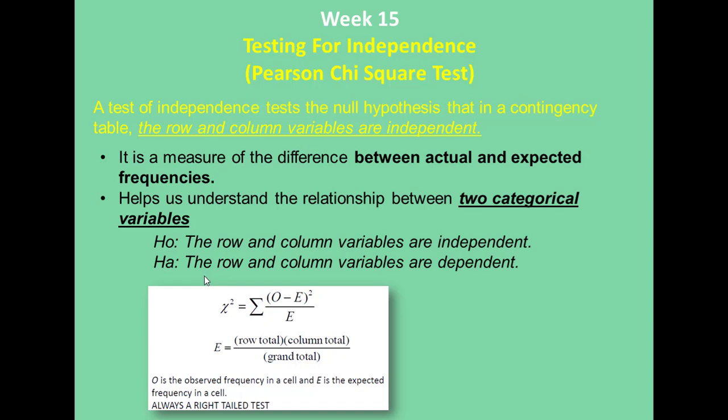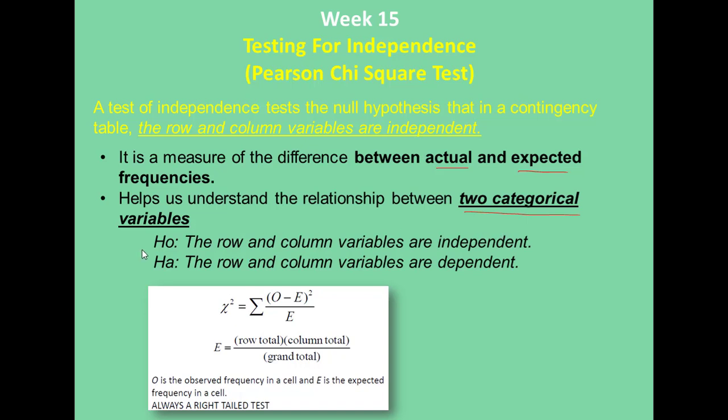This will make sense once we go through an example. It measures the difference between actual and expected frequencies, and helps us understand the relationship between two categorical variables. Important to note that we are dealing with categorical variables when we perform a chi-square test.